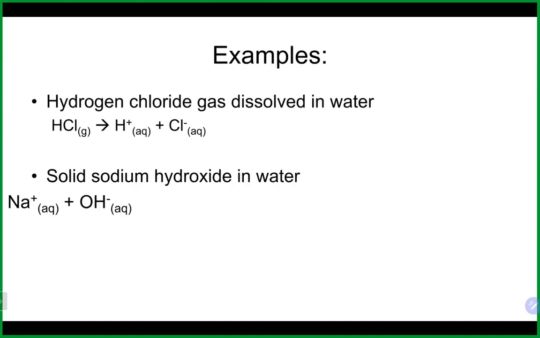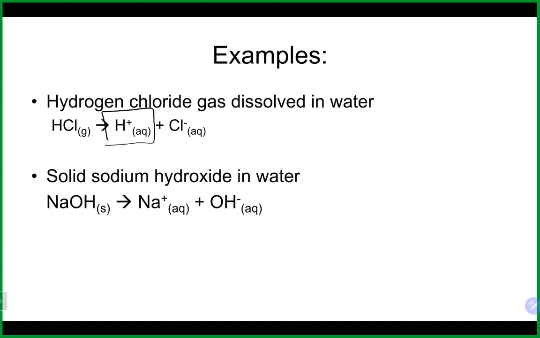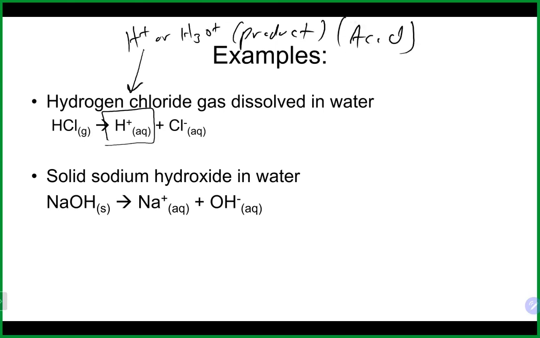So if we take our hydrogen chloride gas and bubble it through water, we really will get hydrochloric acid. And as I mentioned, if you look at an equation, you see H plus or H3O plus on the product side of that equation, that is some type of acidic solution.